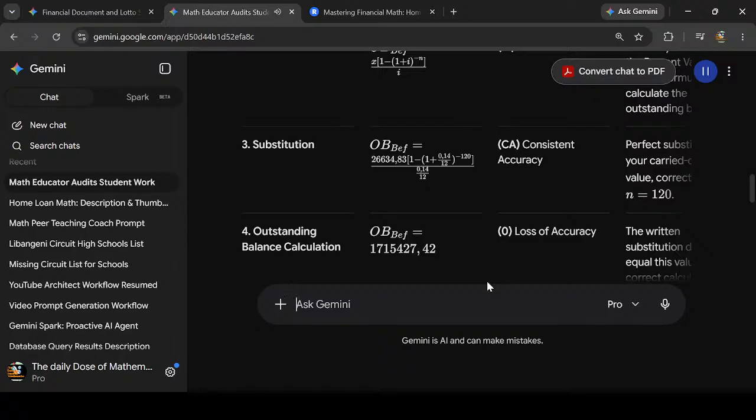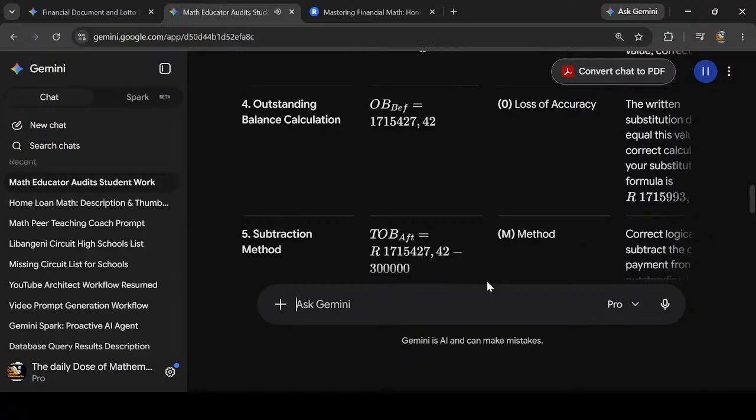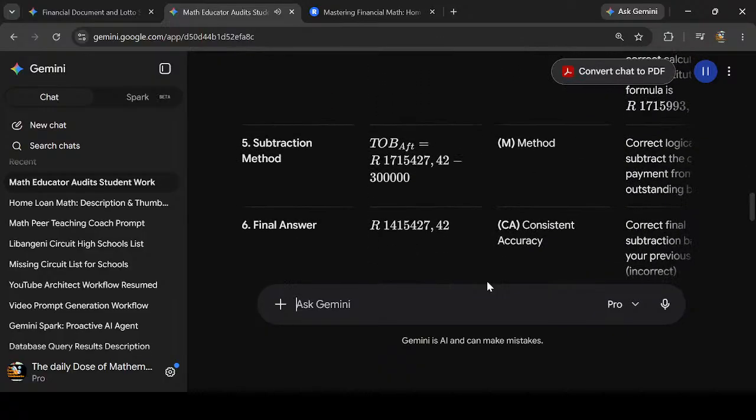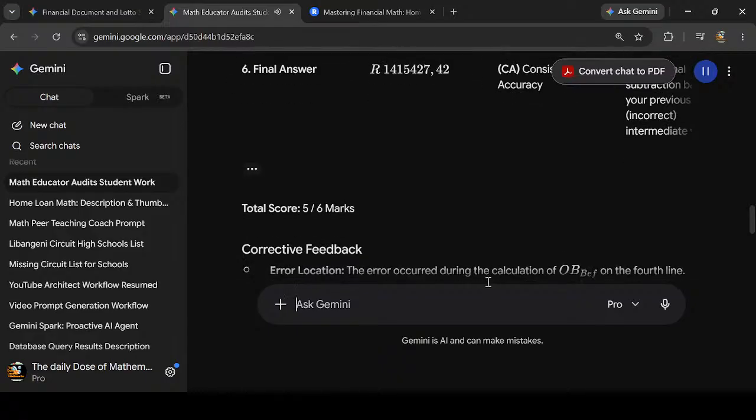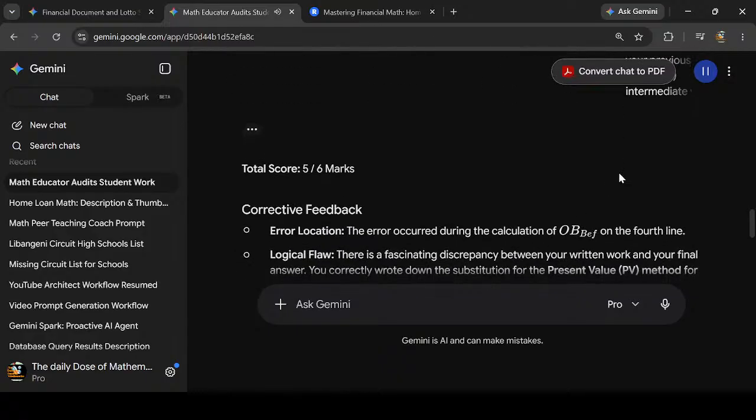Step 3, substitution: OB before equals 26,634.83 times (1 minus (1 plus 0.14/12) to the power of minus 120) divided by 0.14/12. CA, consistent accuracy: perfect substitution of your carried over X value, correct i, and N equals 120.